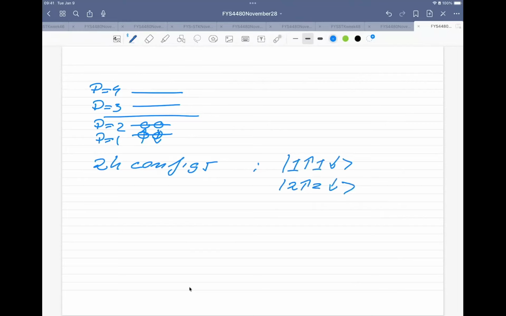So this is us breaking it down in all the possible configurations. Okay? So that means that the total number of configs I is equal to 2.